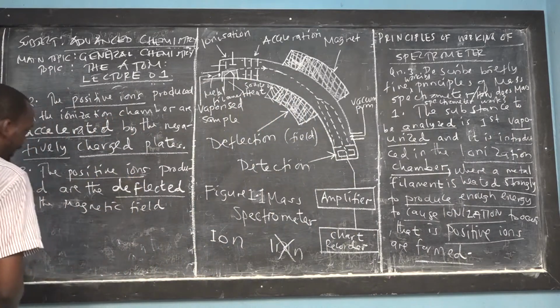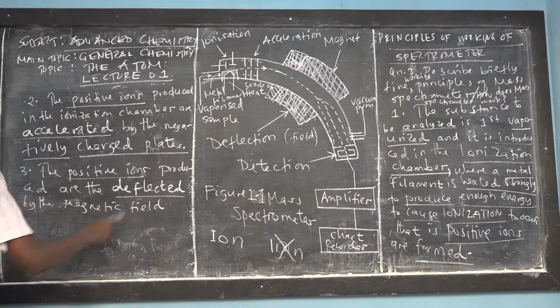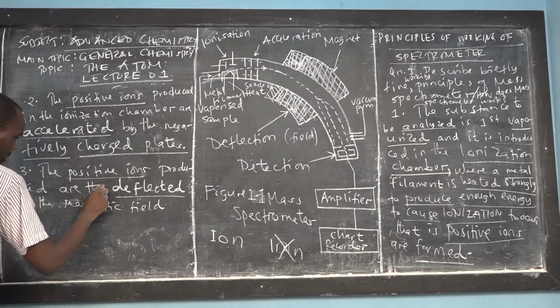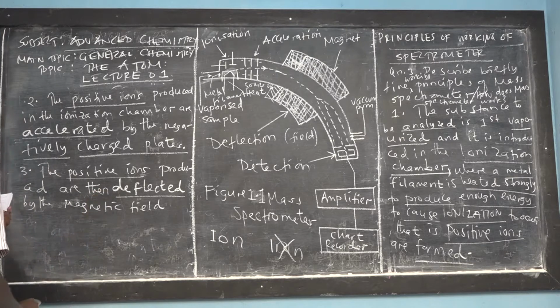The positive ions from the acceleration chamber are then deflected by the magnetic field according to the mass.